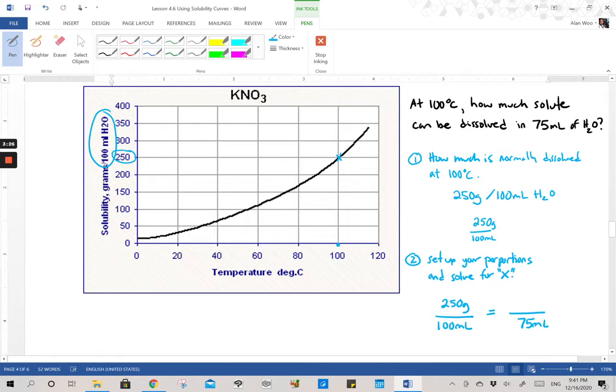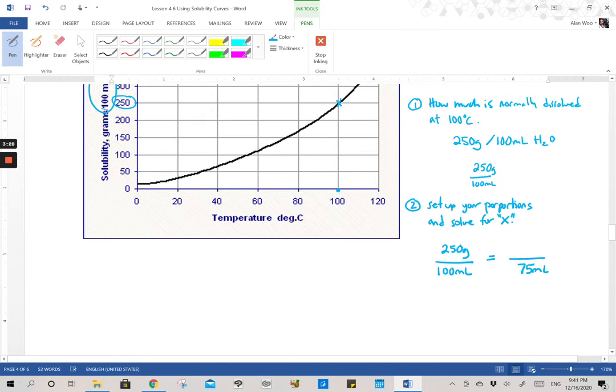So remember, this is what you have. This is your desired volume. I want to know how much solute can dissolve in 75 mils. So basically, this is my unknown. This is what I'm trying to solve for. So I want to solve for x.